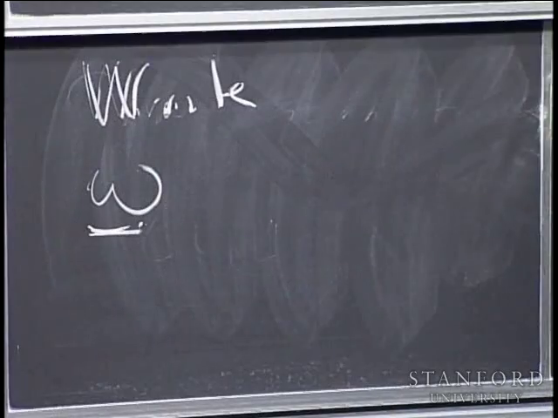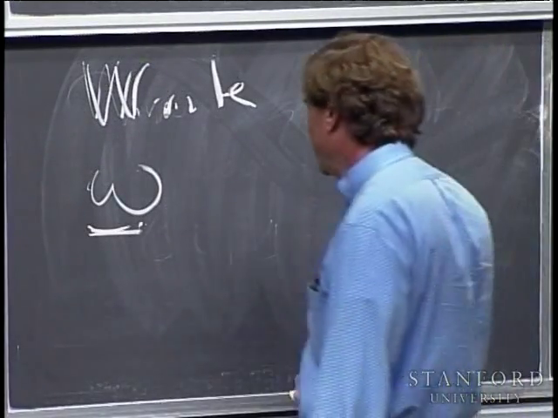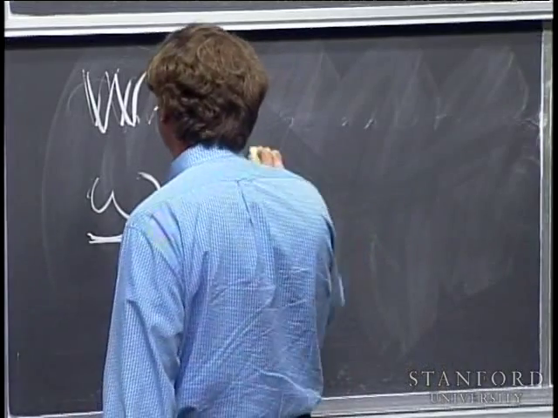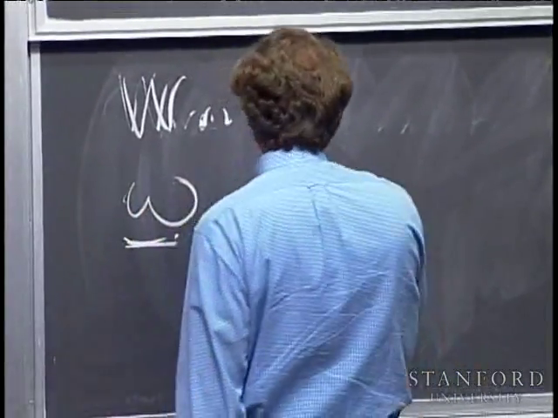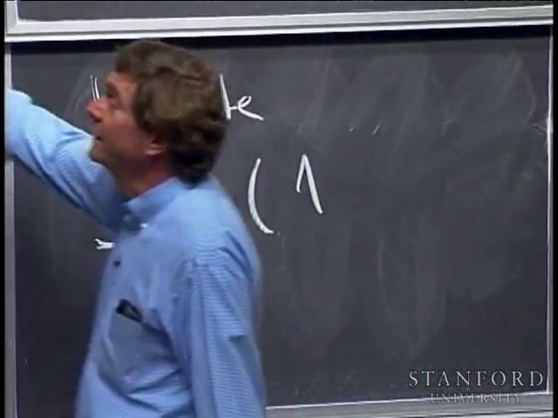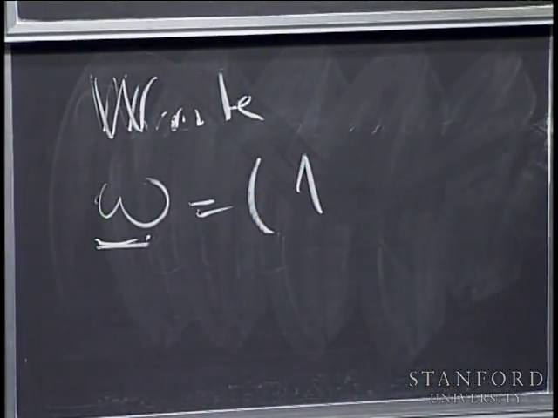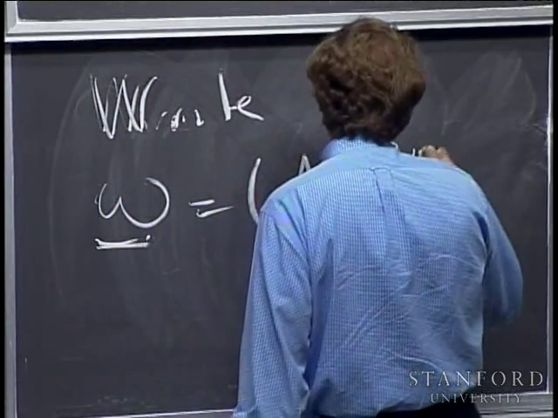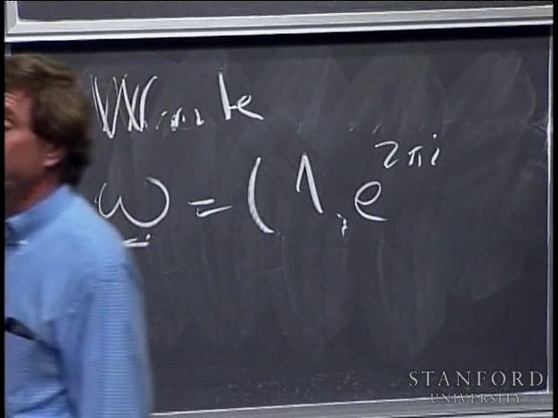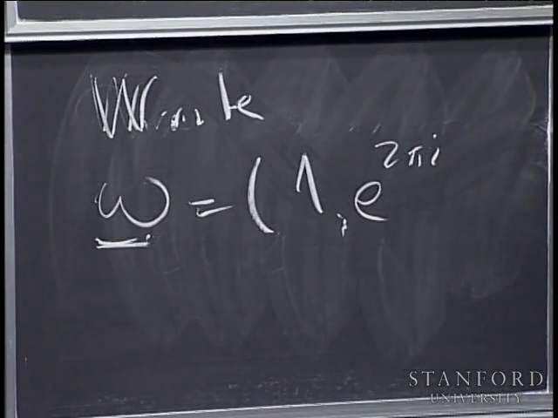as a vector or as a discrete signal to be the N-tuple of powers of the complex exponential that appear in the definition. All right, so the zeroth coefficient, the first entry, is 1. That's e to the 0. Then it's e to the 2 pi i over N. I'll define it in terms of a plus sign, then I'll start taking powers to get a minus sign.